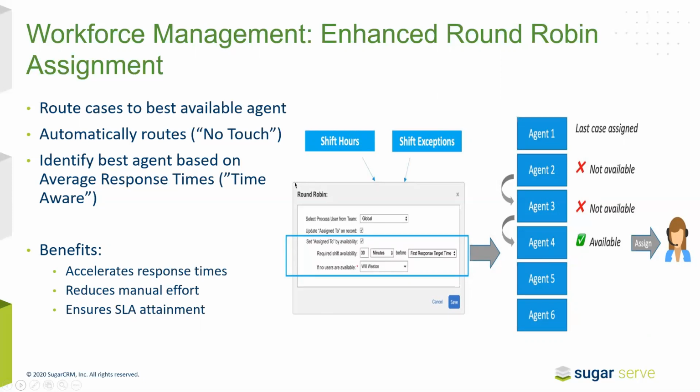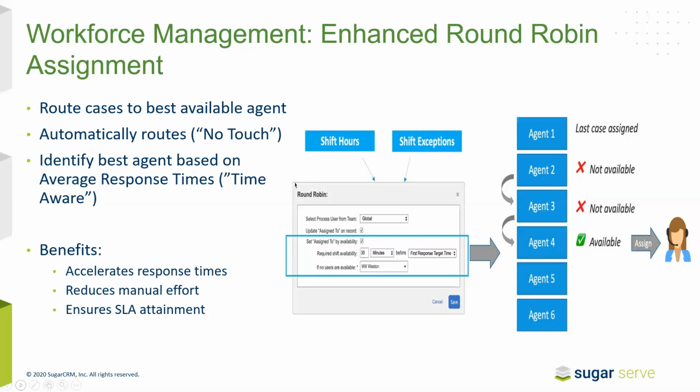So what we're trying to enable here is the fastest response times possible, to reduce manual effort so somebody doesn't have to go into each case and triage them individually. And then once again, to help ensure that service level agreements are actually attained.